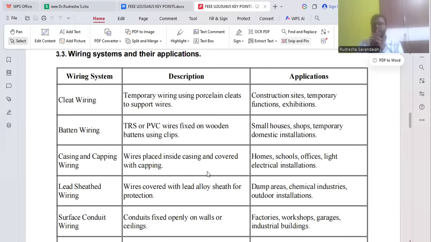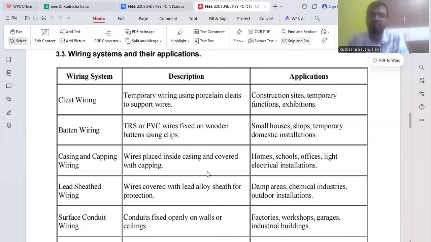Wiring systems and their applications. See, cleat wiring, temporary wiring using porcelain cleats to support the wires, used in construction sites, temporary functions, exhibitions.